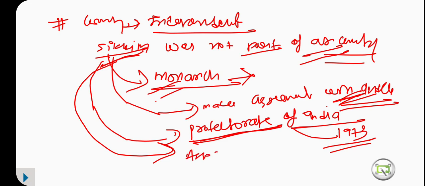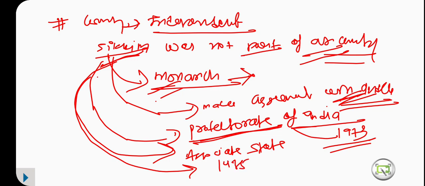In simple terms, India made an agreement with Sikkim, and it was said that India would protect Sikkim from the annexation of outsiders, and that India would give military and diplomatic support to Sikkim. Sikkim became the protectorate of India.